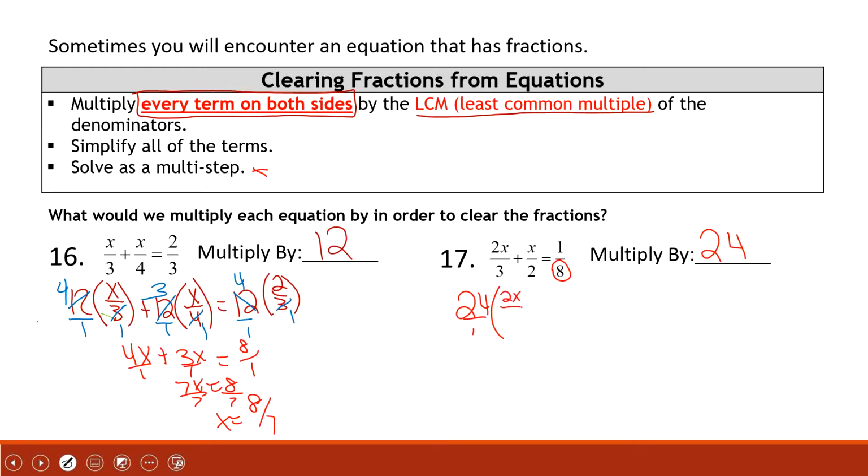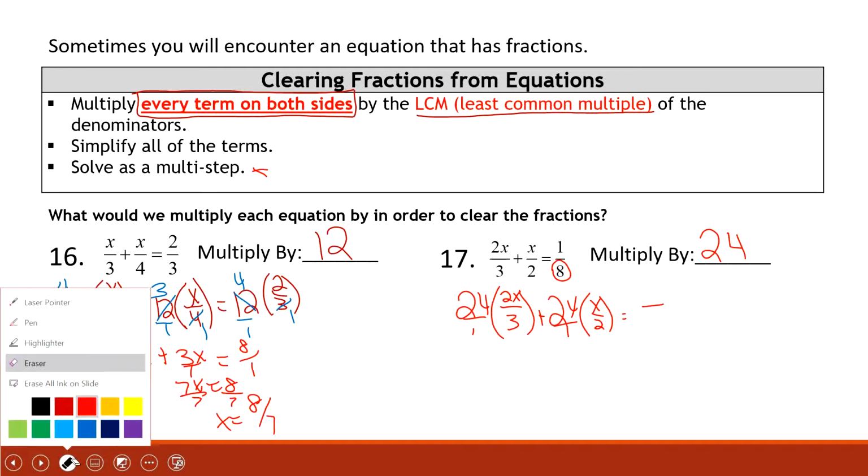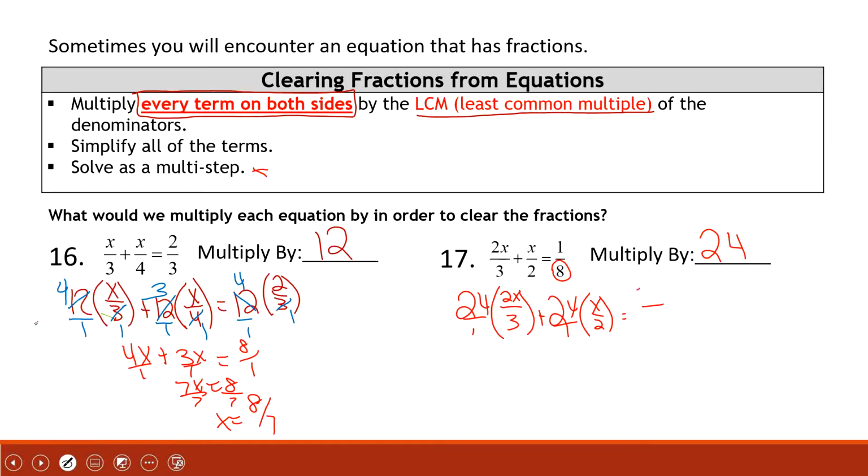Times 2x over 3. Plus 24 over 1 times x over 2. Equals 24 over 1, whoops. Writing too fast. 24 over 1 times 1 over 8.